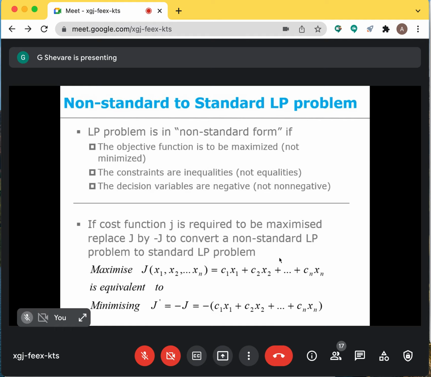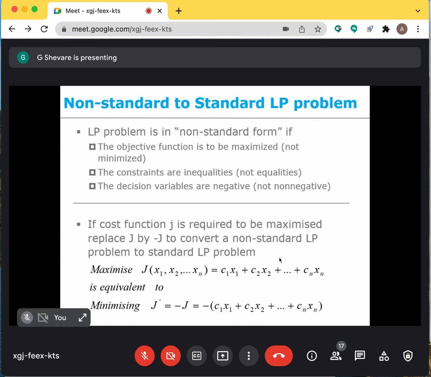There are so many possibilities where the variable happens to be negative. If such a thing happens in linear programming, we call that a non-standard form. Remember, in linear programming, all design variables must necessarily be positive or equal to 0. They cannot be negative. So this is what it is. The same thing is being talked about here.